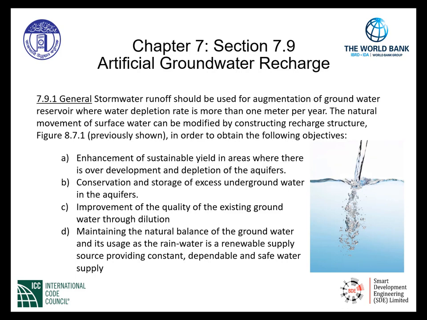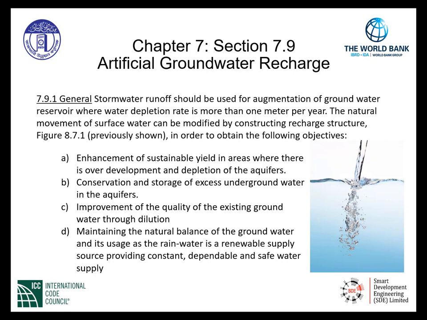Enhancement of sustainable yield in areas where there is overdevelopment and depletion of the aquifers. Item B, conservation and storage of excess underground water in the aquifers. Item C, improvement of the quality of the existing groundwater through dilution.